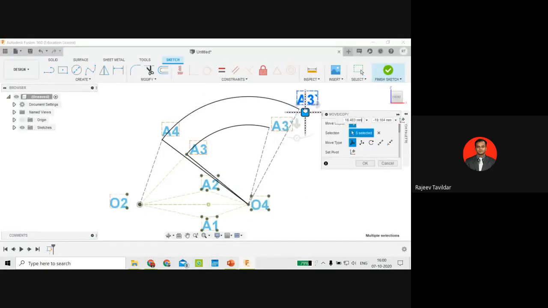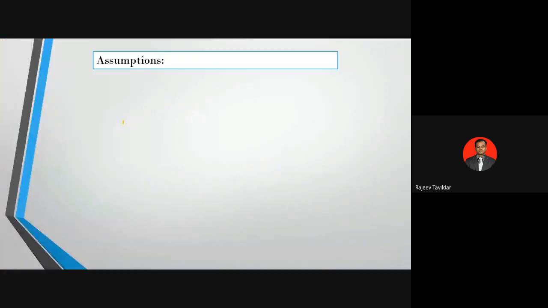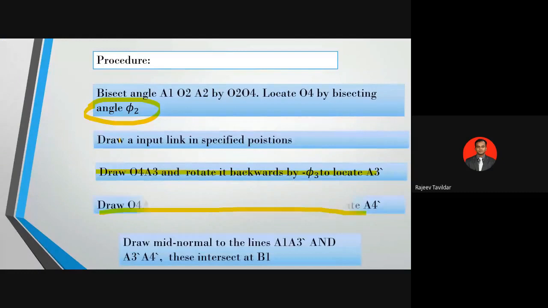So that we can get A4 dash. Okay. Once this is done, the last step is to draw the mid normal.